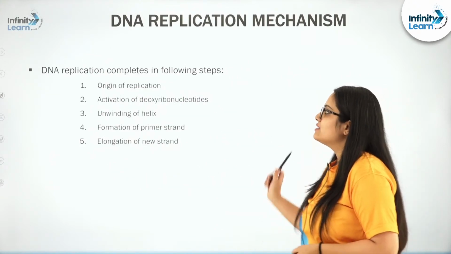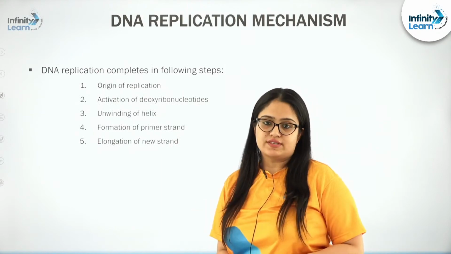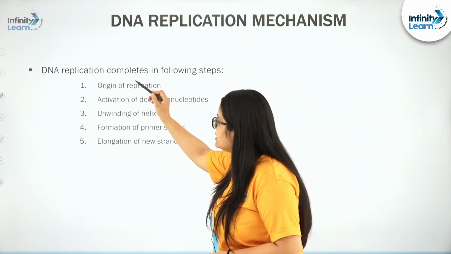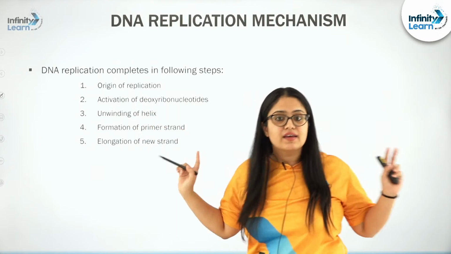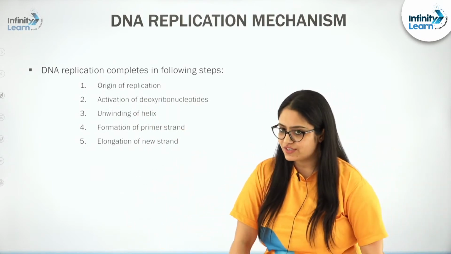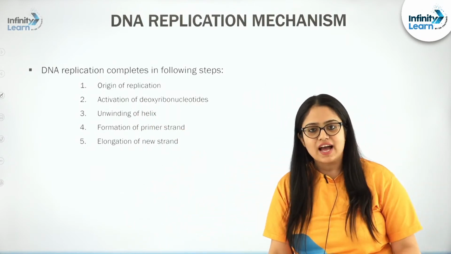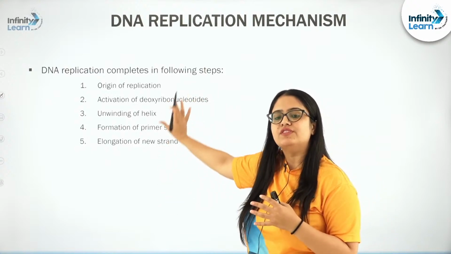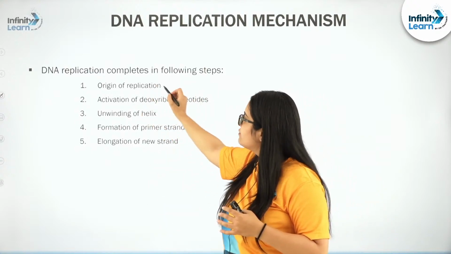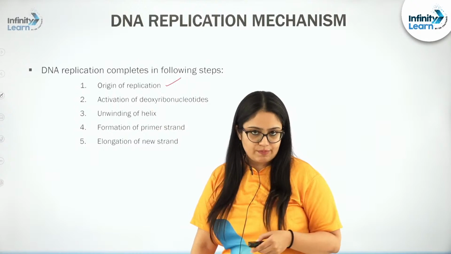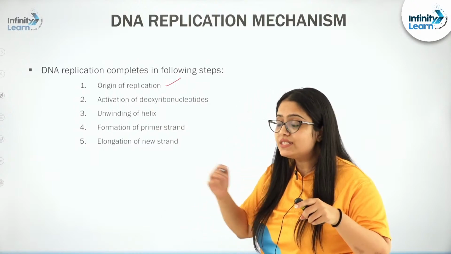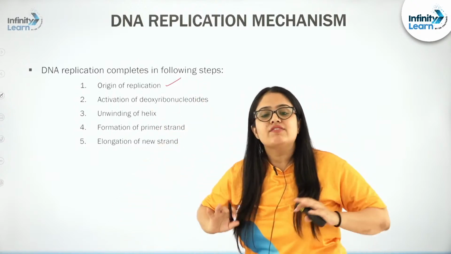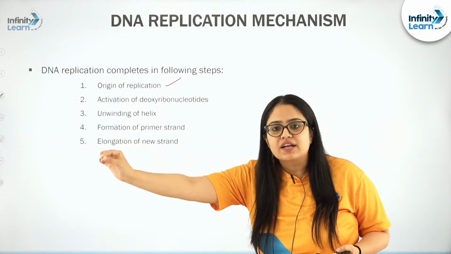See students, the entire replication process we will study under these 5 steps. We will start with the first one, origin of replication. Remember, we will take each and every step and I will try to explain to you from starting to end.